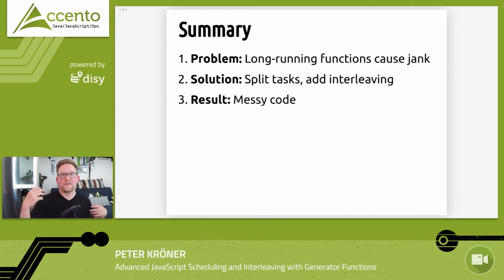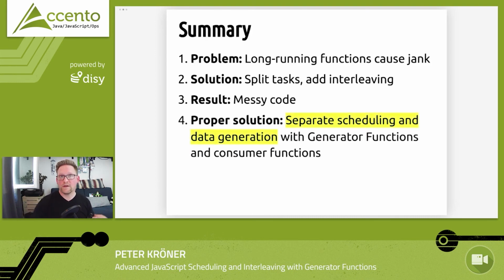But the naive approach resulted in messy code, but by turning the data generating function into a generator function and writing a consumer function that has its own scheduling logic, we can make this work, make the code look nice without sacrificing too much in the way of overall performance or developer experience when it comes to writing unit tests and code readability and so on. At least I think this is a proper solution that works quite well for me.